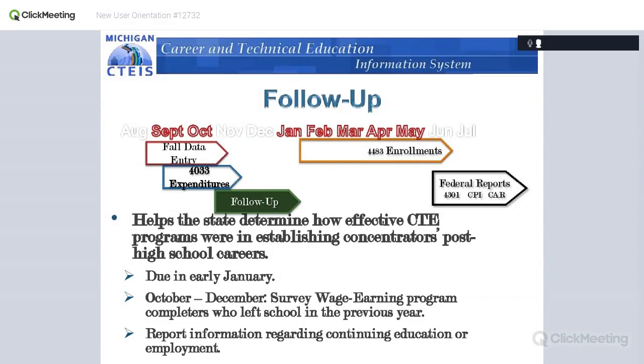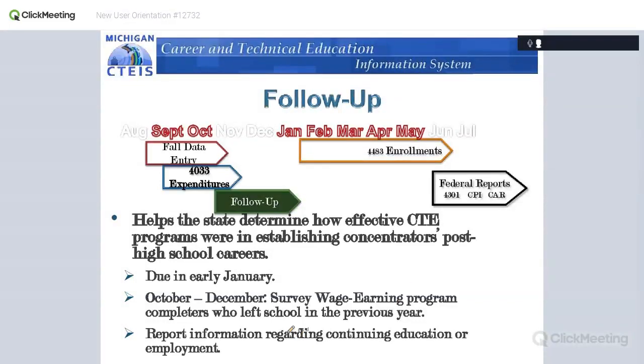The districts will then try and contact them, and then we have a survey that asks them questions about what they've done since they've left school, and whether they've used any of the skills, whether they have jobs in the programs or what have you. And that information is used to see how well the programs are doing, and what the outcomes are. That's about a 3-month process that starts in November through January. It's finished in January.